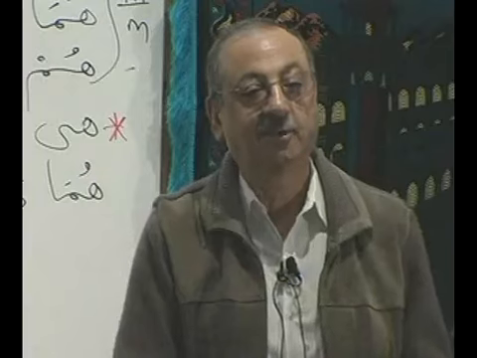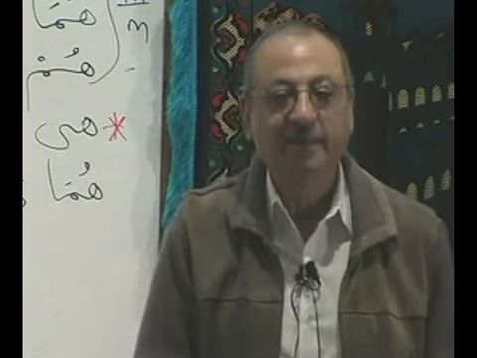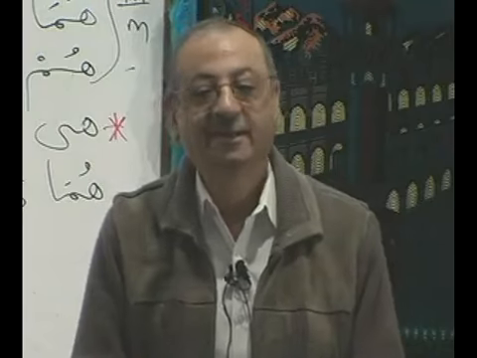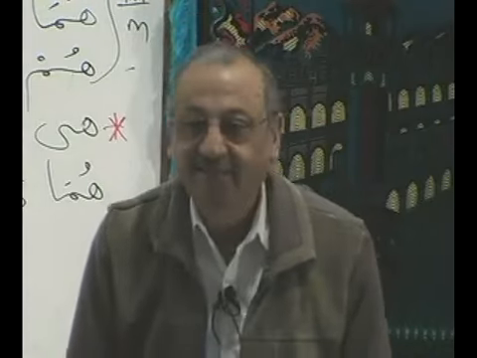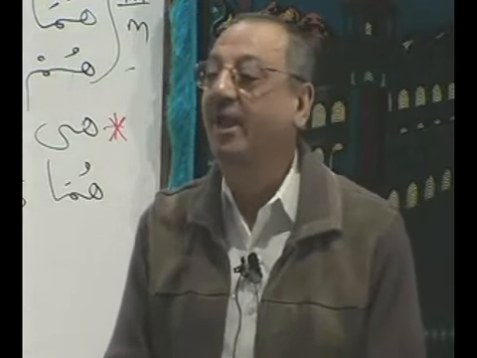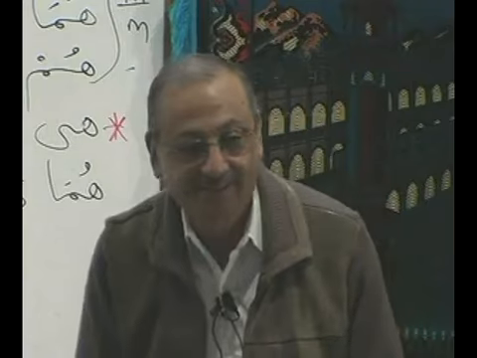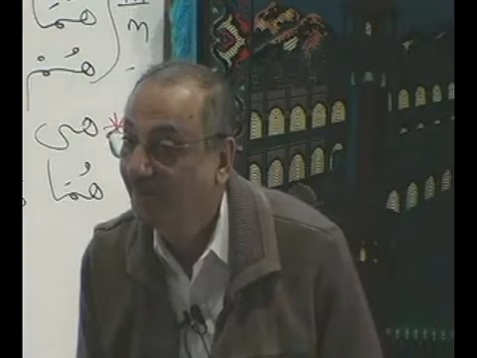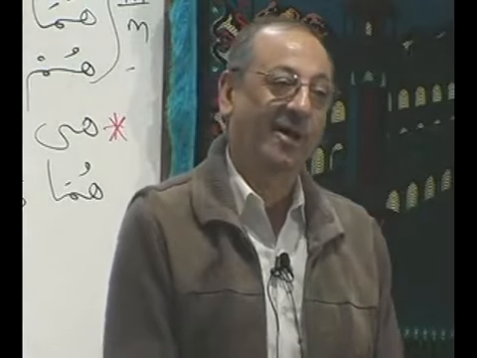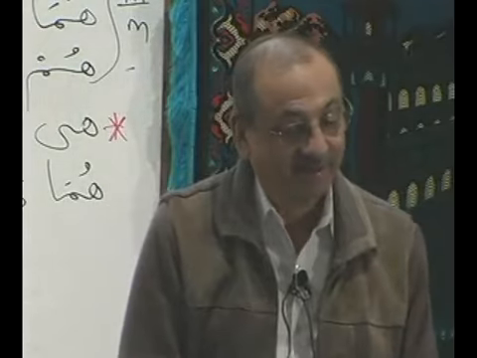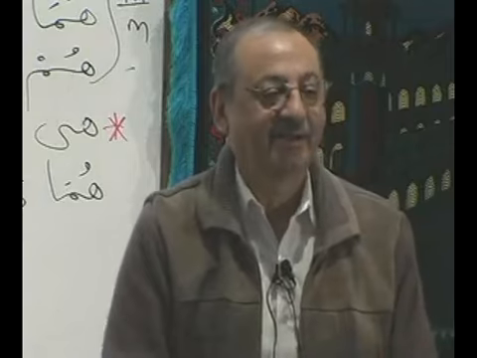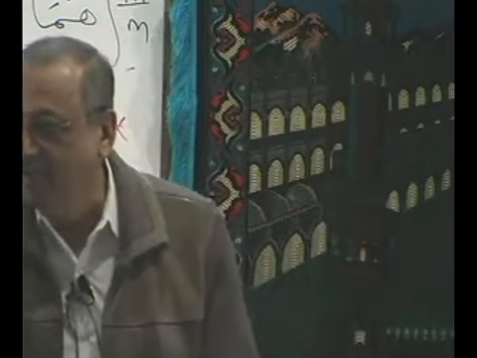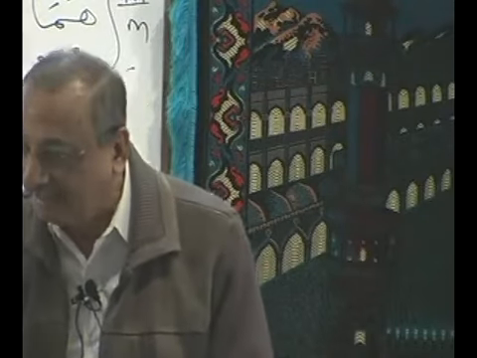Okay, if I tell you, he drank, what will you say to me? Shariba. If I say to you, she drank, sharibat. If I tell you, I drank, sharibtu. If I say, we drank, sharibna. If I say, you drank, sharibta. If I say, you as a feminine drank, you will say, sharibti.